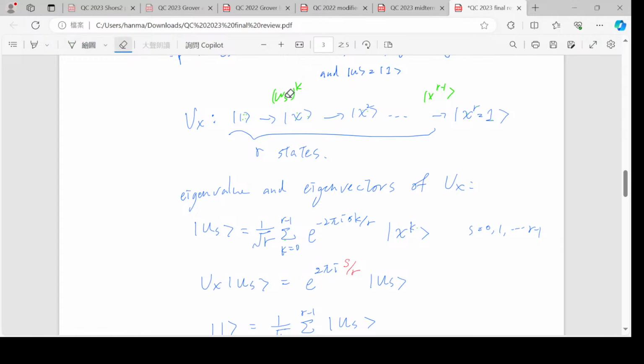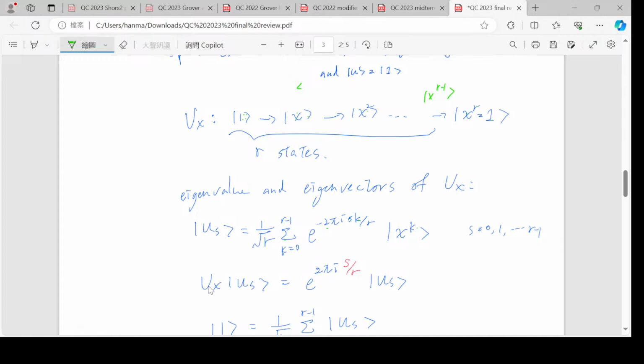That's the eigenstate of U_x. You can check that because U_x basically does a cyclic permutation on x to the k. So you apply U_x on this state, you get k to k plus 1, and so you get a global phase.